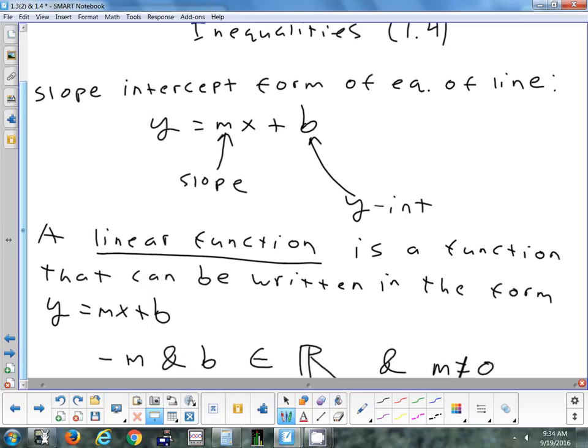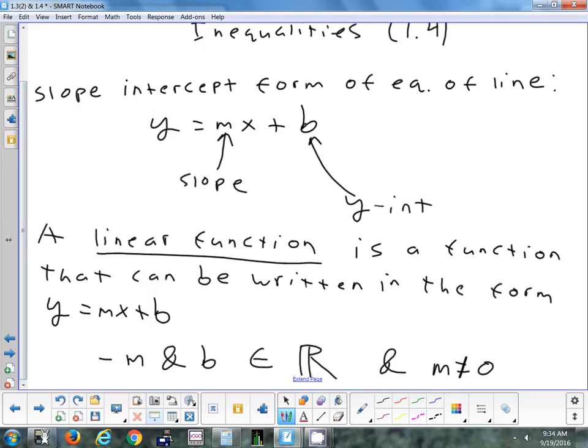In our book, they add this extra condition. I'm just going to explain what this is, basically because of the symbols in it. They're saying that the slope and the y-intercept can be any real number that you want. The slope and the y-intercept are elements of the real numbers.